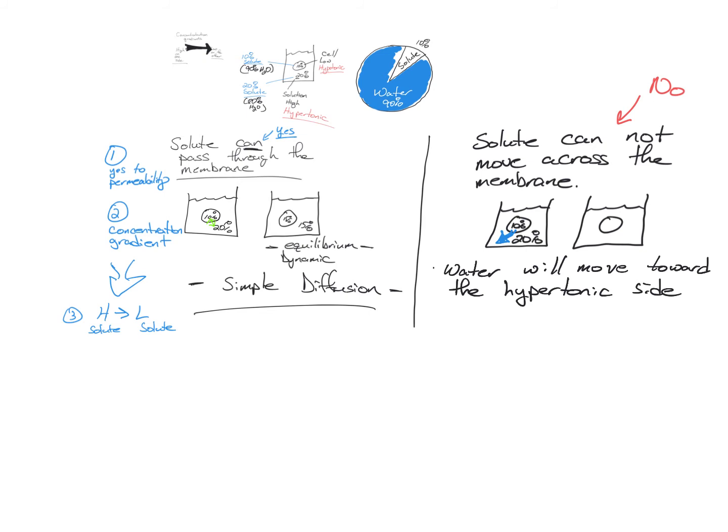All right, that's the easiest way to remember that. If the solute can't move, water is going to move towards the higher solute concentration, wherever it's hypertonic, period. That's all there is to it. Then it's kind of easy.